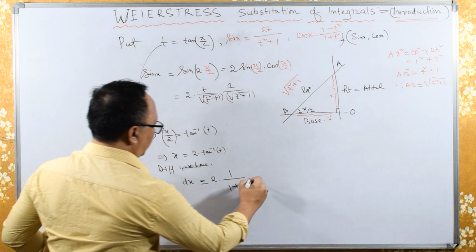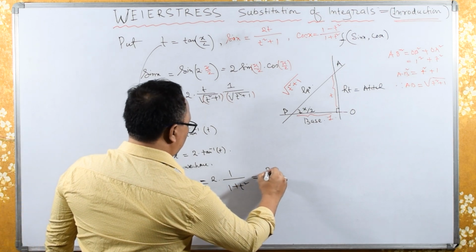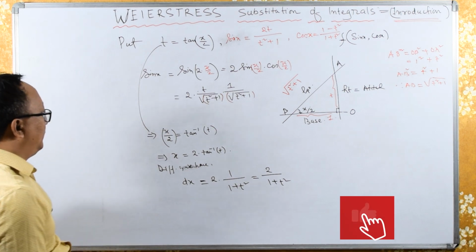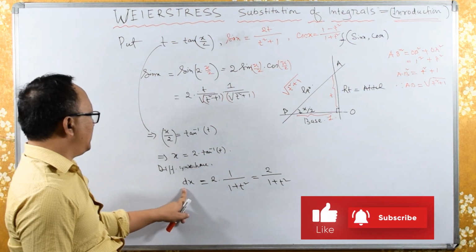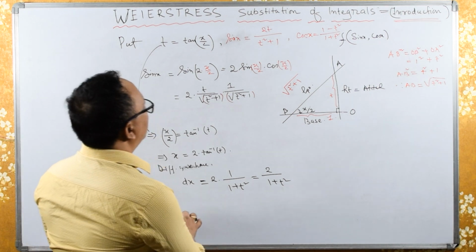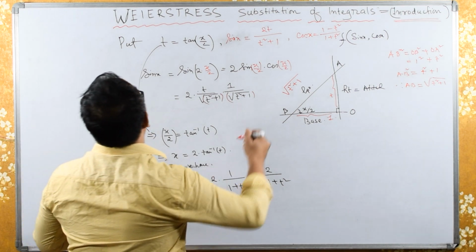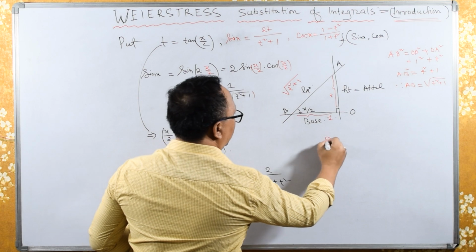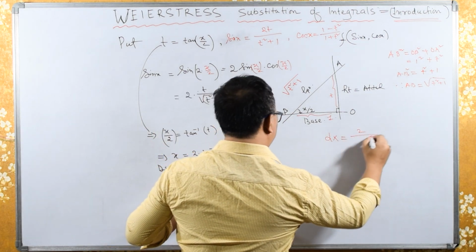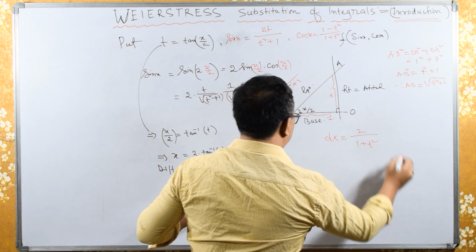Therefore dx is the same as 2 upon 1 plus t square. You can get dx like this. So therefore, dx equals 2 upon 1 plus t square.